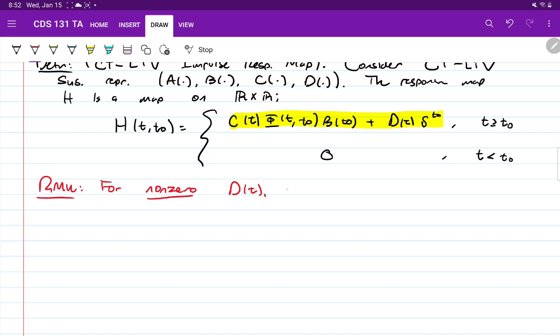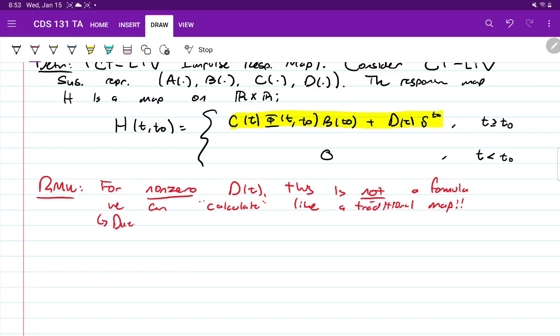D of t, this is not a formula we can, I'll put in quotes, calculate like a traditional map. And this is due to the presence of this Dirac delta.